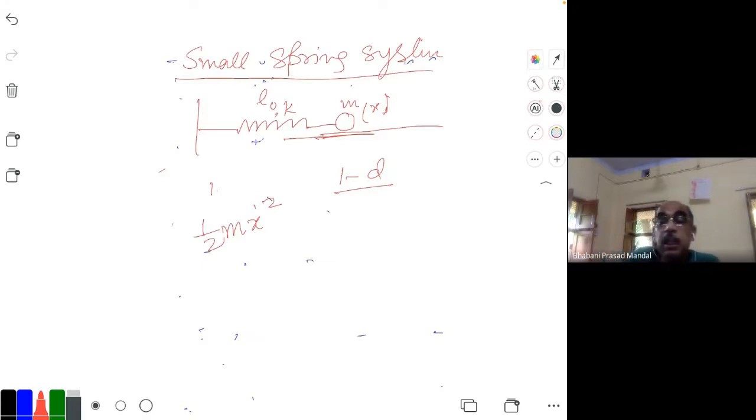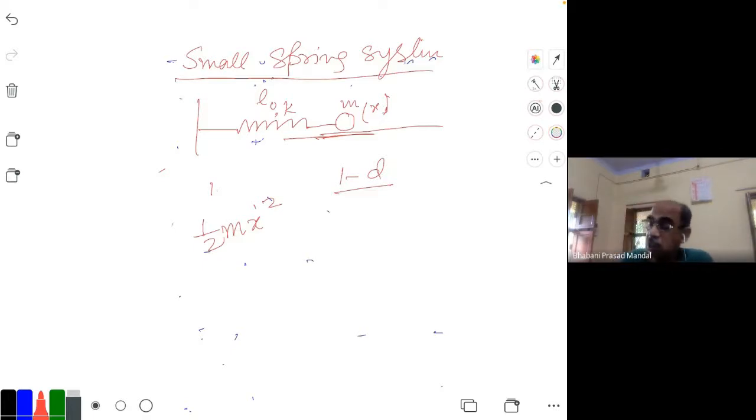So potential energy is half times the spring constant times the elongation square, whatever the elongation is, that we have to calculate. The elongation is not x, right? x is the coordinate, so elongation will be x minus L0.